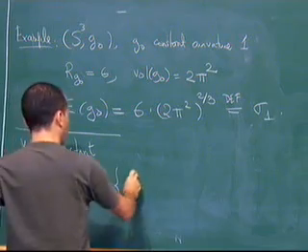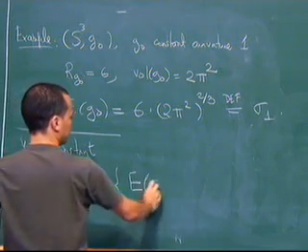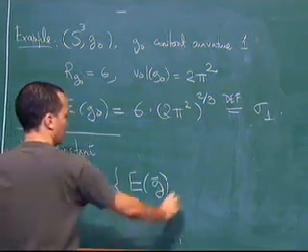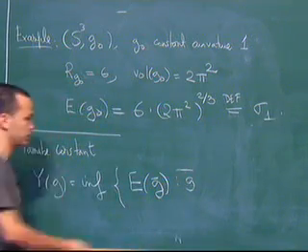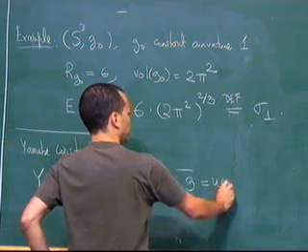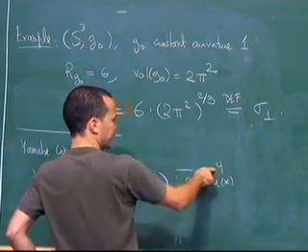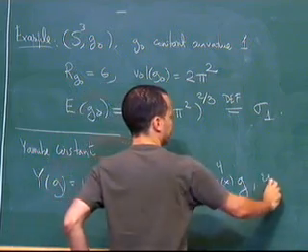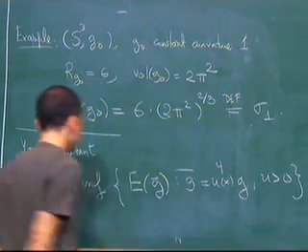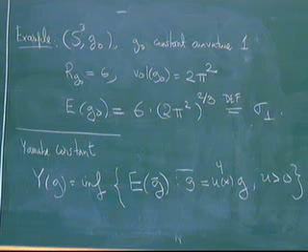It is the infimum of all the energies for all metrics which are conformally related to G. So G bar is going to be u of x to the power 4, in this case the correct power is 4, with u positive. That's the Yamabe constant.